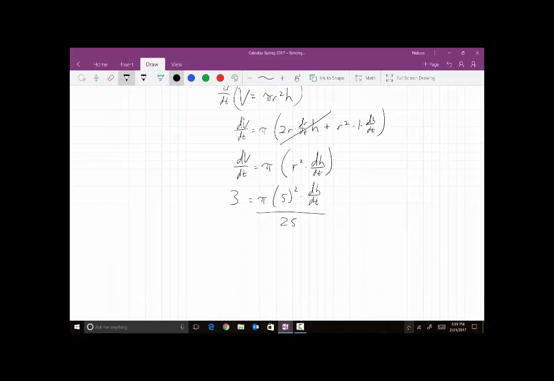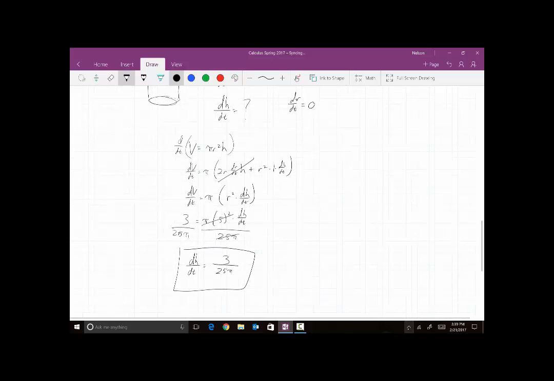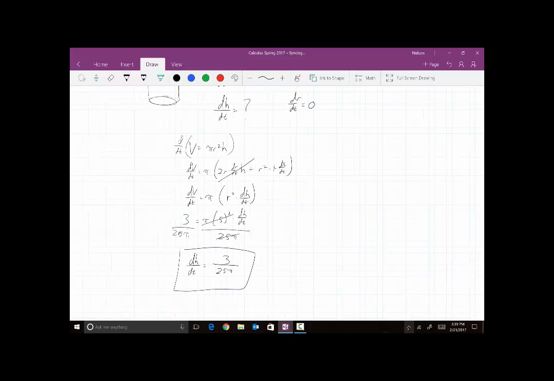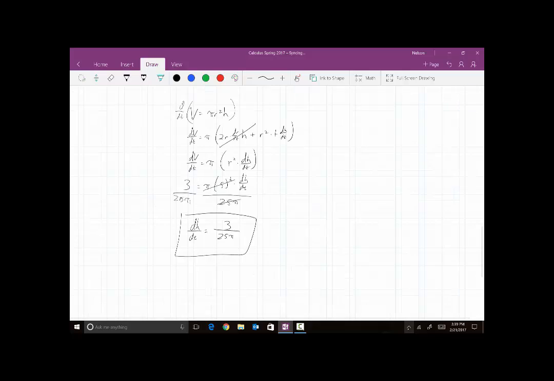We divide both sides by 25 pi, and then dh/dt is equal to 3 divided by 25 pi. And so that's what we get. Okay, so that's dh/dt.